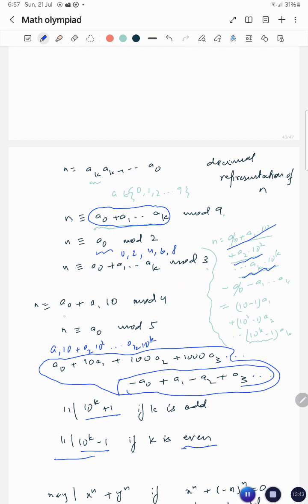In the case of 4, if 4 divides this and 4 divides n minus this, then 4 divides n. And similarly for 5, if 5 divides a0, that is a0 is equal to 0 or 5, then 5 divides n.